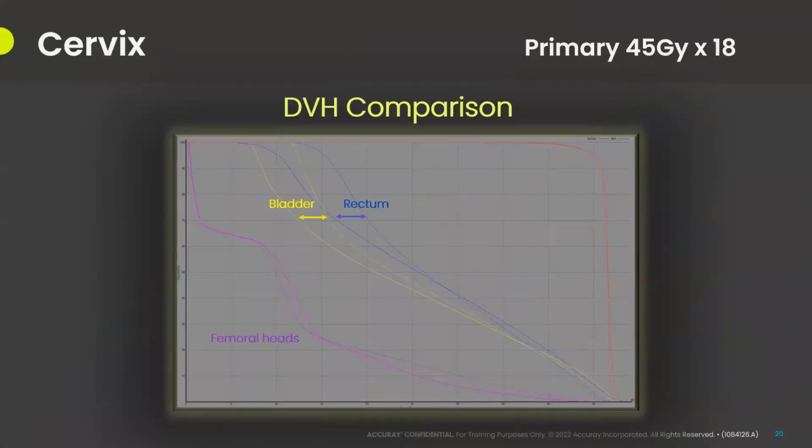So here you can see the DVH that shows the plans were close, but the highlight is really about the flexibility of being able to use that larger field width, because it can reduce your beam on time significantly, even without sacrificing that quality. And in fact, it really gave better conformality.